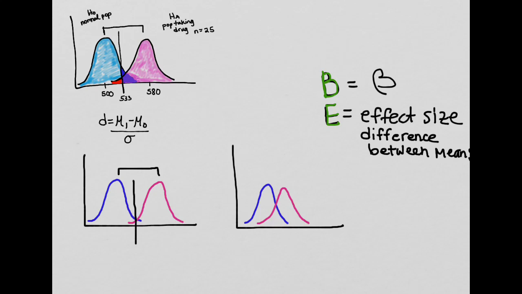And so over here, you can see there's a teeny difference between the means. So they still are different distributions, okay?